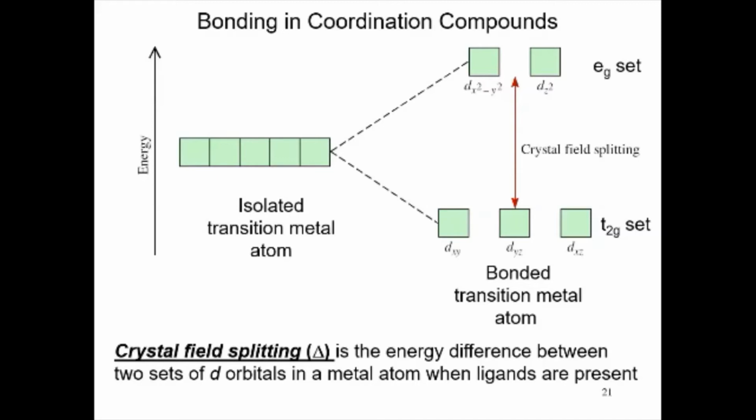They are simply acting as a point charge that is drawn to the positive charge of the metal. And the only role these d orbitals play is whether they get in the way or not of that interaction. If they get in the way, then you have a higher energy, in other words, a less stable situation.